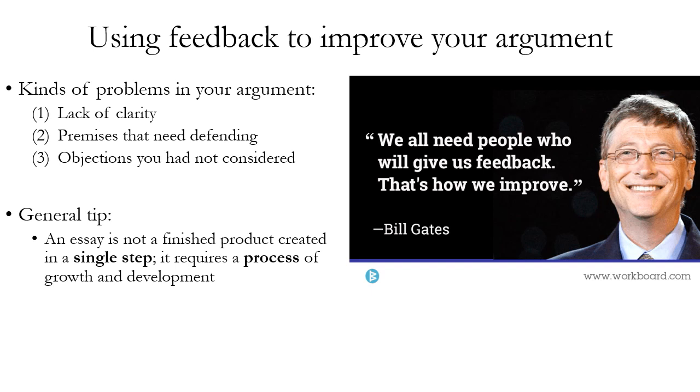This one is easy to fall into because if you're writing for just yourself as your main audience, if you haven't heard back from any other audience, there are things that are going to make sense to you. There are things that are going to seem obvious to you which will not make sense or which will not seem obvious to another audience.